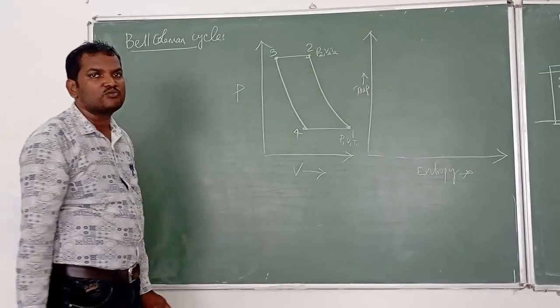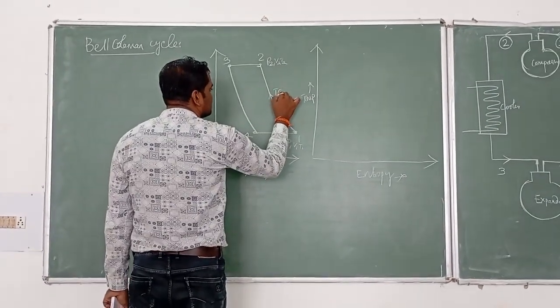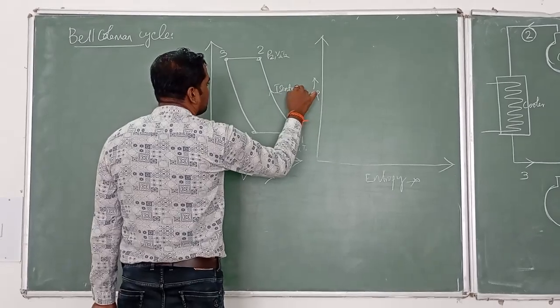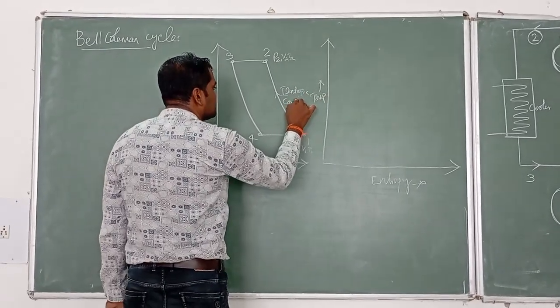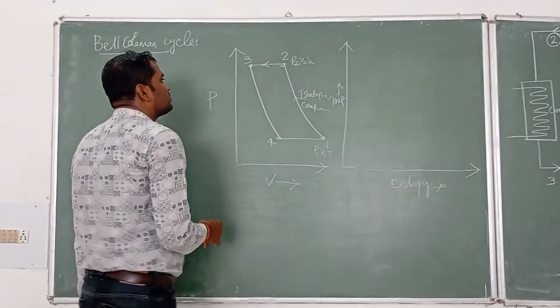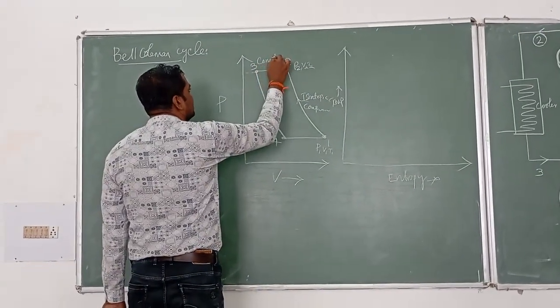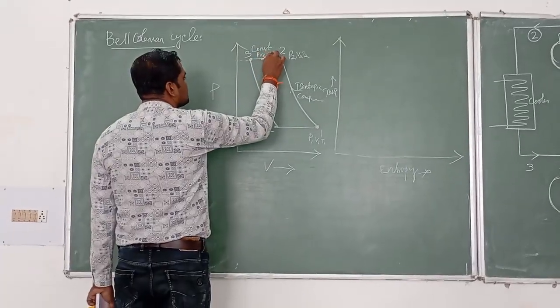Here 1 to 2 is an isentropic compression process. Then 2 to 3 is an isobaric, or constant pressure, process.